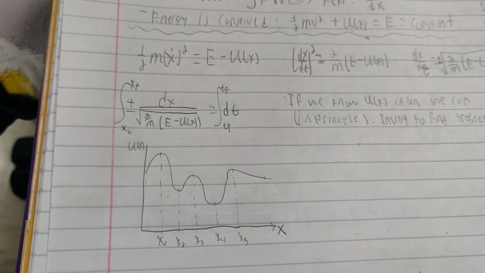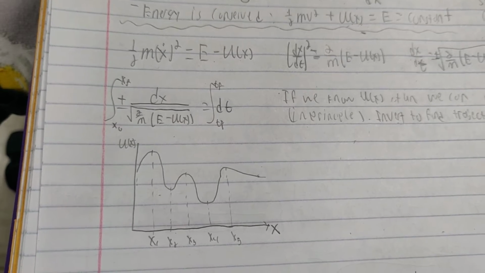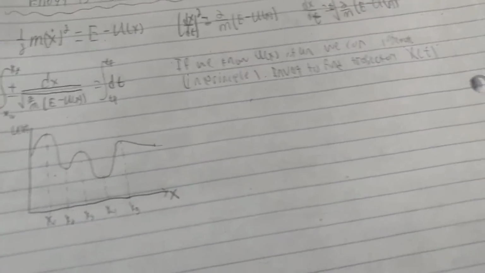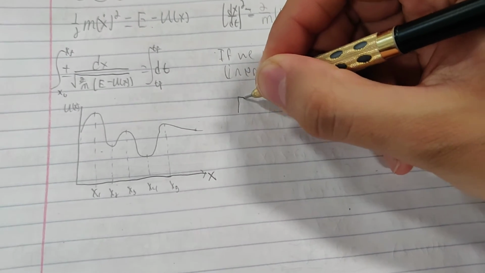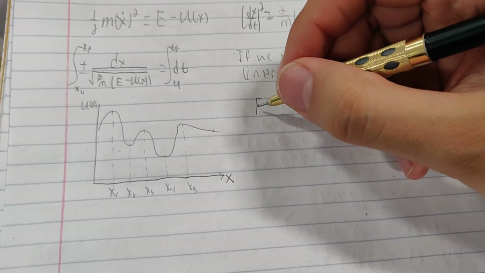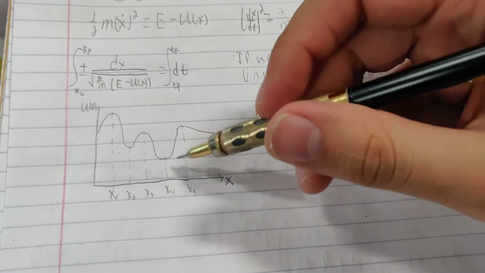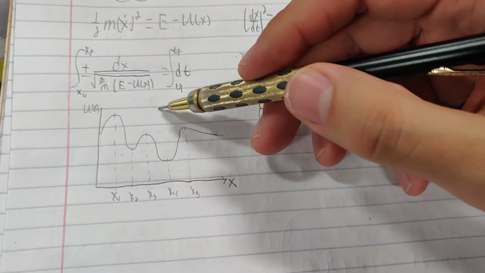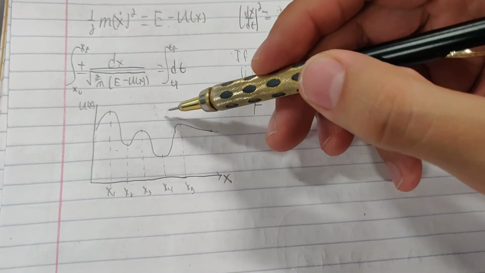Before we get into that, let's just remind ourselves that, so you said that the peaks and troughs were interesting. What's so special about the peaks and troughs? Derivative equals 0. Okay, derivative equals 0. So the derivative of the potential energy function is the negative of the force, right?